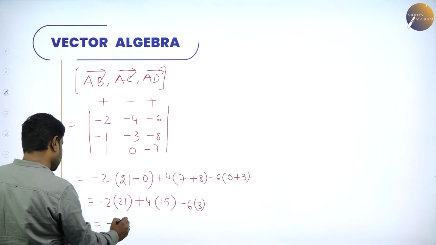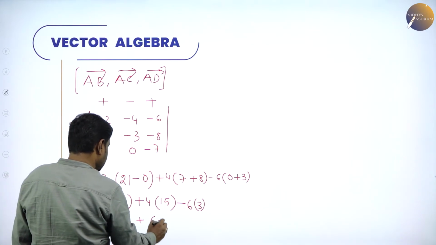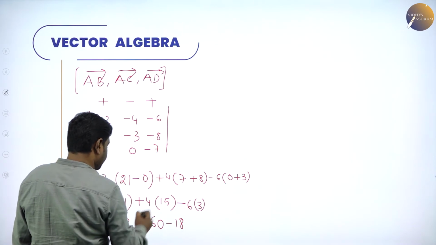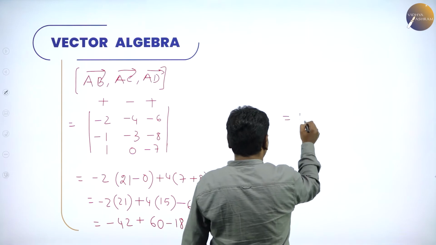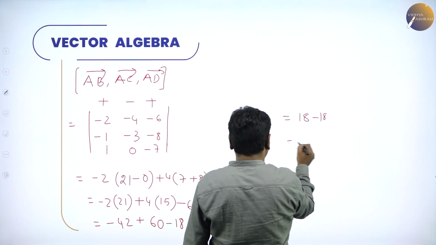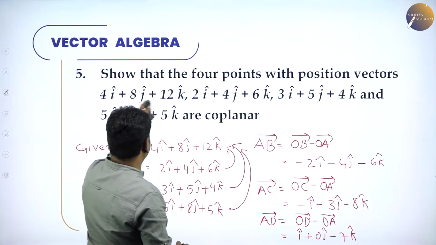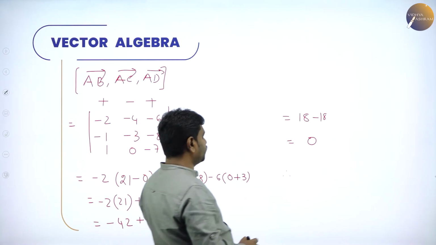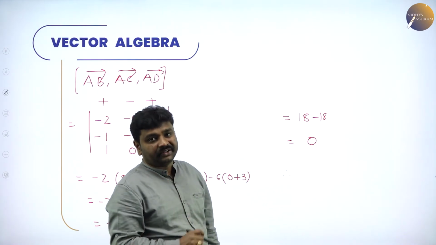So 21 minus 42, plus 60, minus 18. Minus 42 plus 60 minus 18, that is 18 minus 18, which is 0. So the given 4 vectors, what do they form?